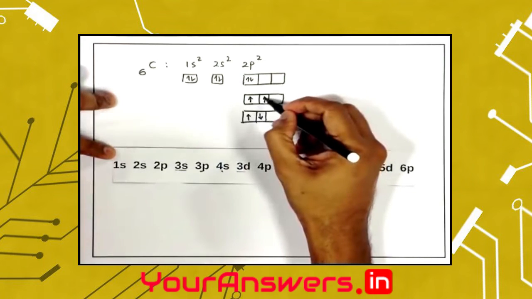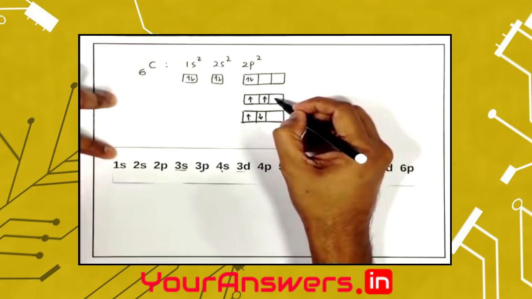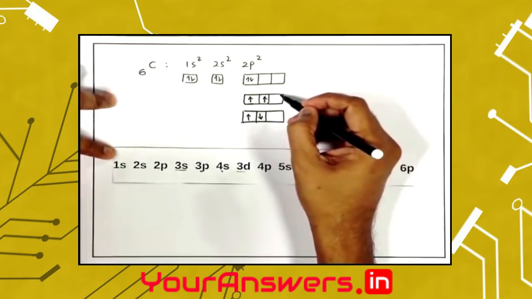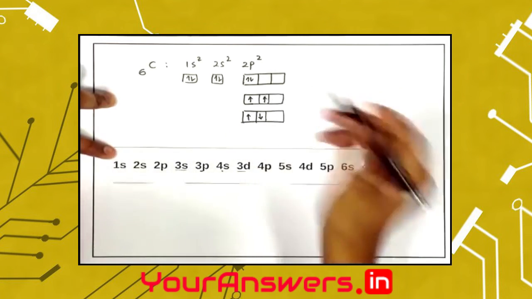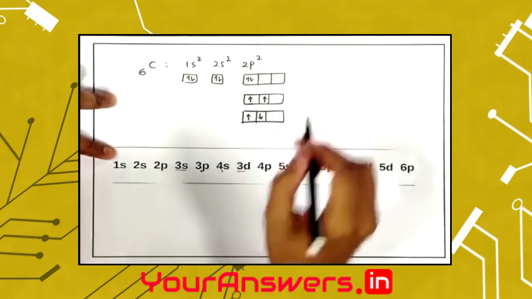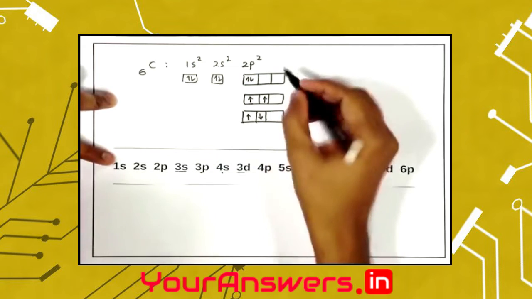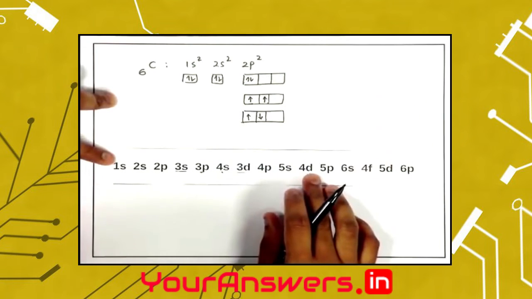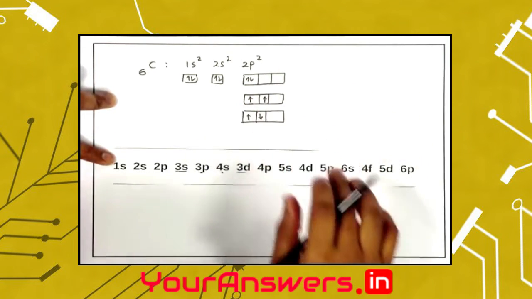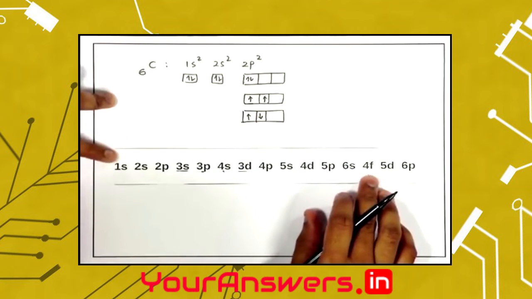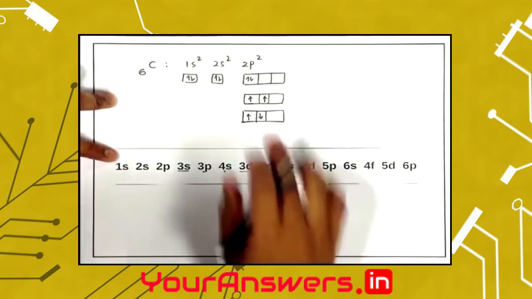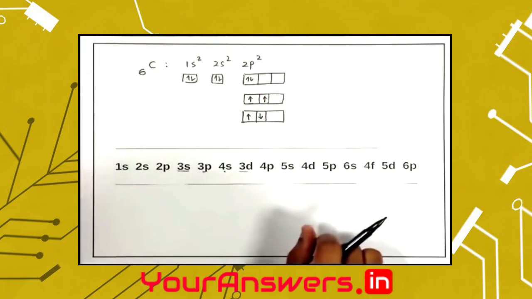See, there are other possibilities, like instead of filling this compartment, I can fill this compartment, but that is not really a unique possibility because all the compartments are essentially equivalent, so they will not give you new possibilities. So these are the 3 possibilities that I have to fill the 2p electrons for the carbon atom. But which of them is the correct one?